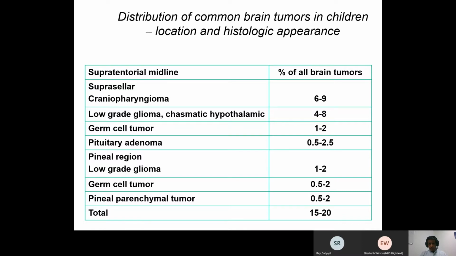They are mainly treated by surgery and radiotherapy, so we don't see them on the oncology wards that much, but they are benign tumors, but they are common in the midline. But you can also get astrocytic tumors, hypothalamic chiasmatic tumors. So we often talk about optic pathway glioma, optic pathway chiasmatic tumors and all that. Those are astrocytic tumors. And then there are others, germ cell tumors and others.